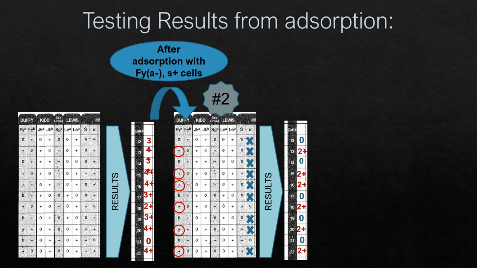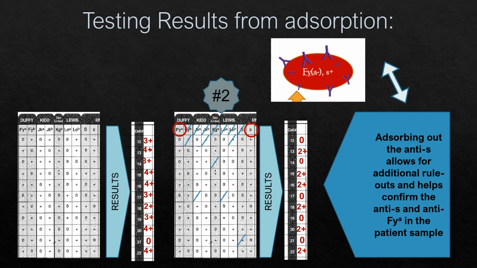So now you're getting some negative results. So you have more rule-out cells that you can use now. You can see now it's only the anti-Duffy A that's reacting. So we confirmed that it was anti-little s that was adsorbed out. We confirmed that the anti-Duffy A is still reacting, and we have enough rule-out cells to rule out the rest of the clinically significant antigens.